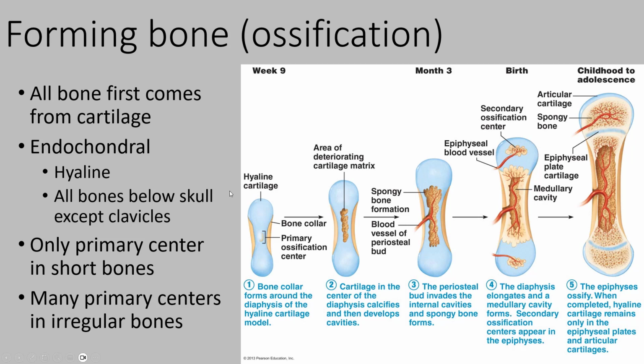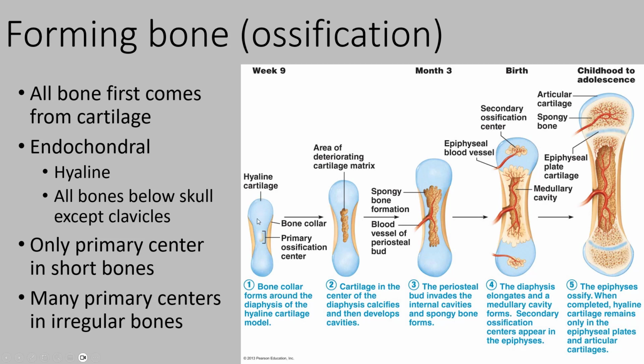And I'm going to really quickly run through what happens here. And again, you do not need to know these details. What I want you to know is endochondral ossification uses hyaline cartilage, and it makes all of the bones below the skull except for the clavicles. That's what I want you to know. The details, not so much.